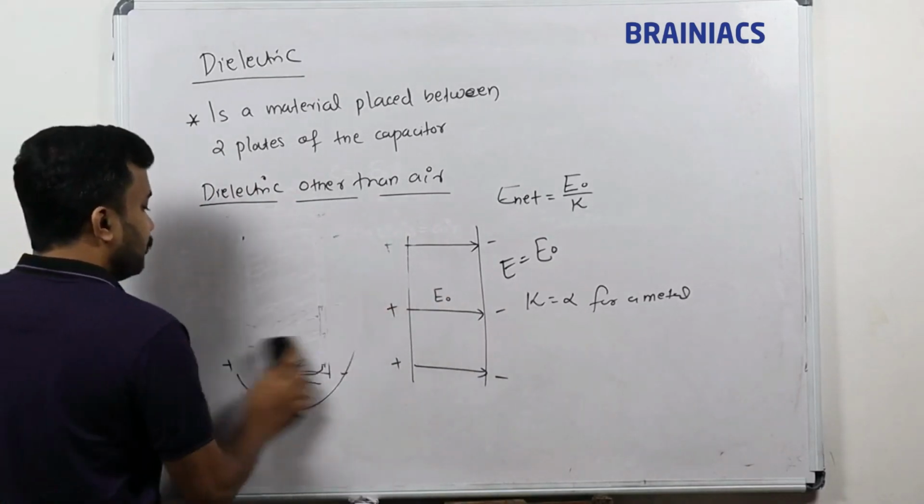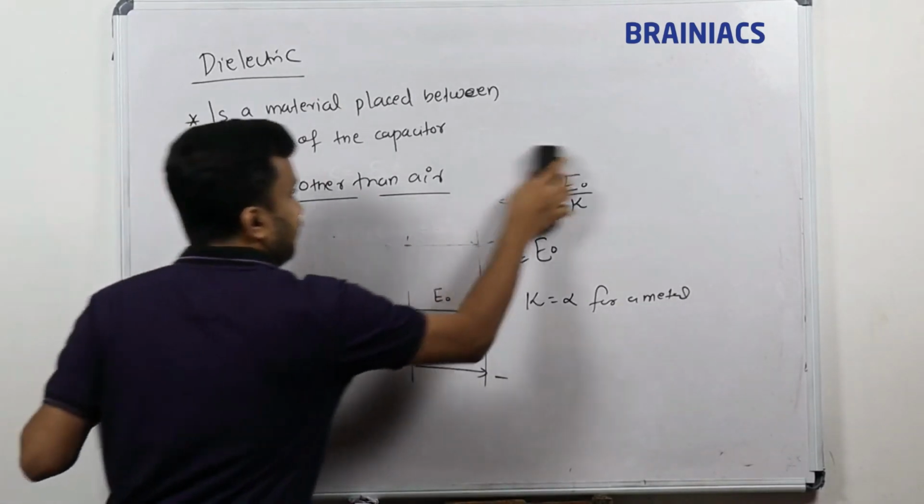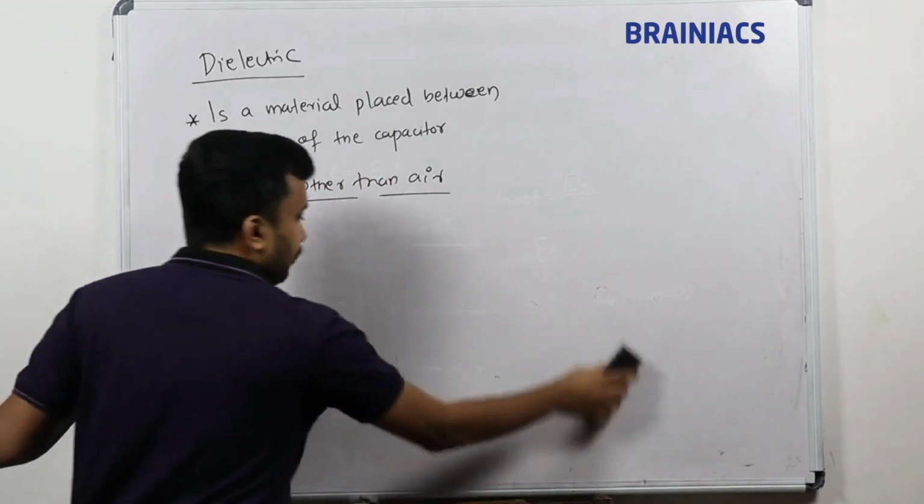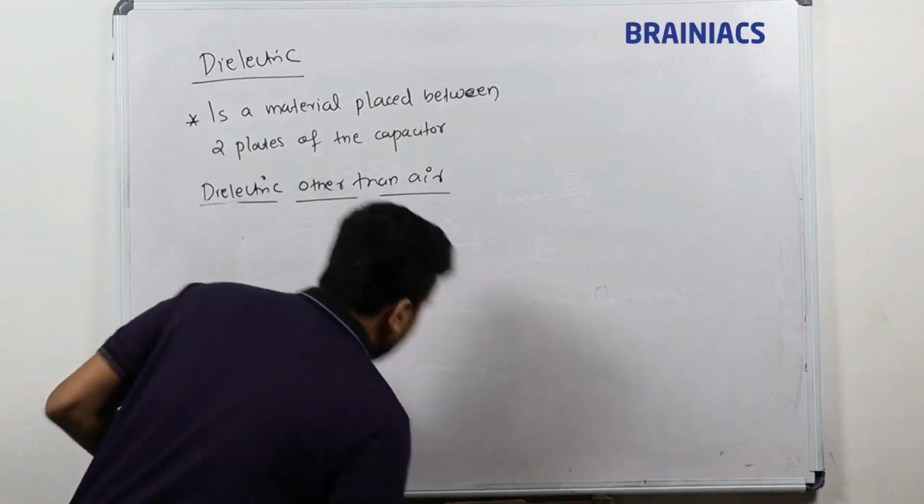So we have to summarize all these points. Hope you understood the concept. Now it's time to write neat note points. We need to write four points, based on the four diagrams.